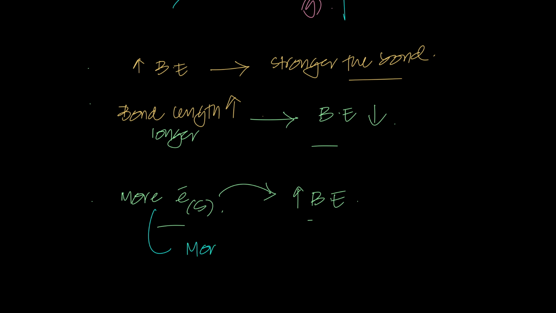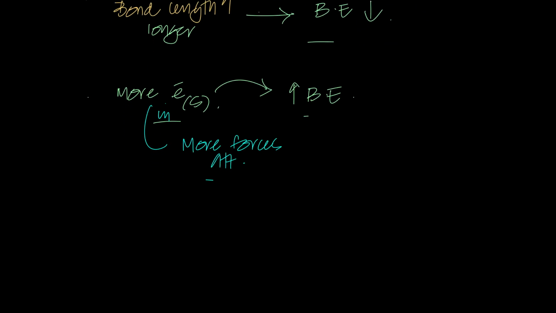More forces of attraction, more attractive forces. More bonding electrons in a bond, to be more specific, because there are more interactions. Remember when I taught you Coulomb's law? Just a snippet of Coulomb's law to teach you this idea. But this is all about bond enthalpy and bond energy.